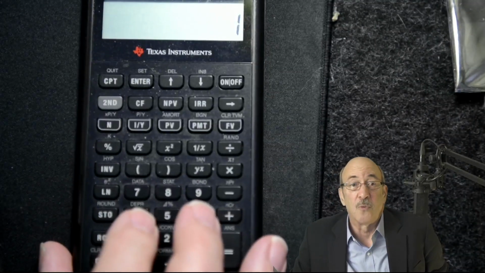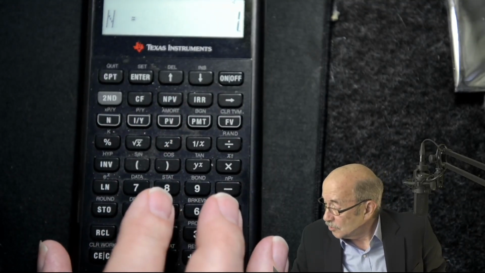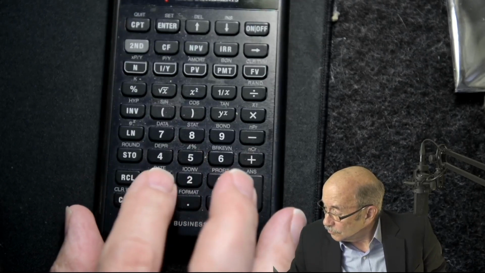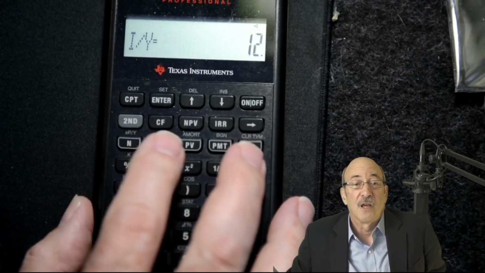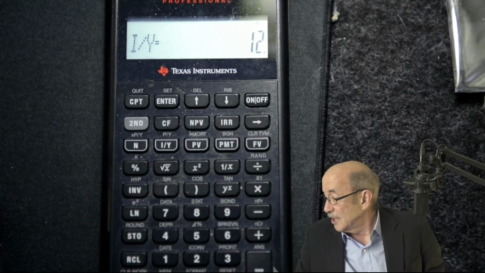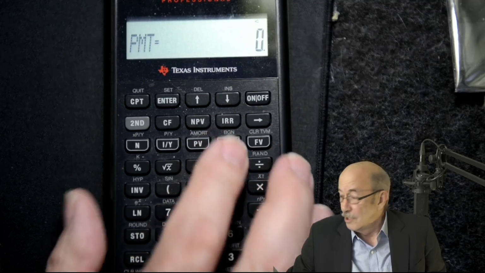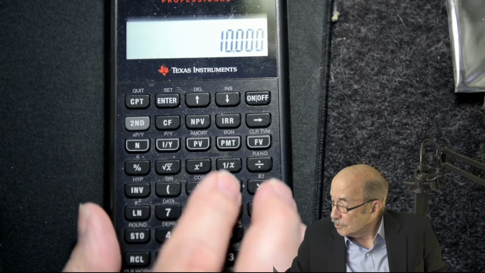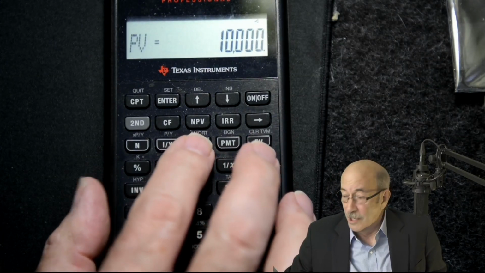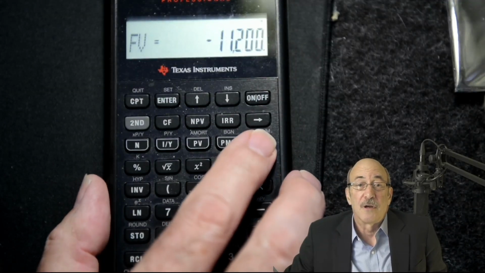So I'm going to enter 1 for the N. And then I'm going to enter 12% for the interest. And I'm going to enter a 0 for the payment because we don't have any other payments. I'm going to enter 10,000 for the present value. And then I'm going to compute the future value.